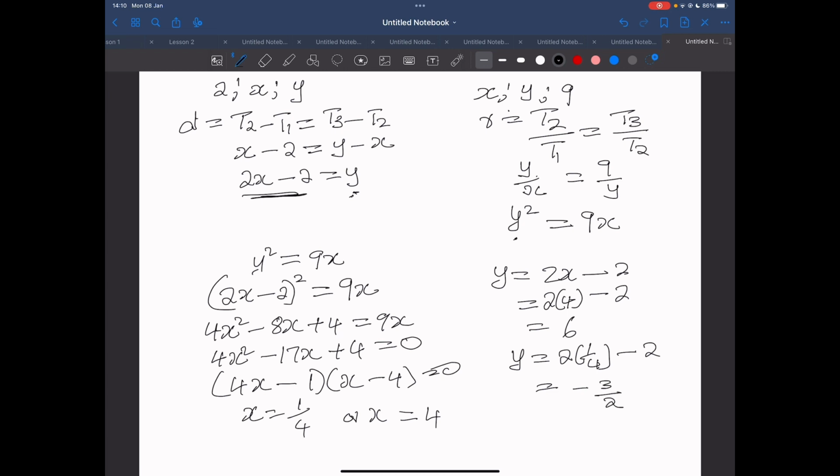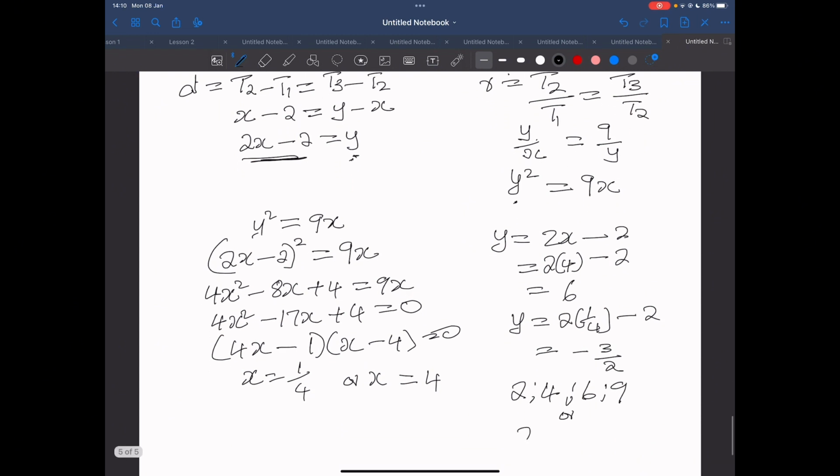So we will have our 2 sequences. The first one will be 2, if x is 4, y is 6, and then we have 9. Or the other one will be 2, if x is 1 over 4, y is negative 3 over 2, and then we have 9.